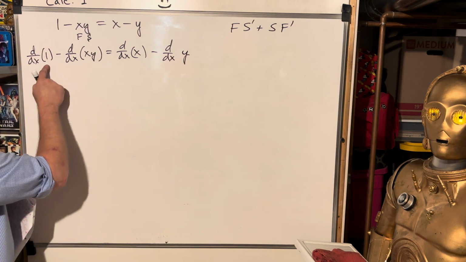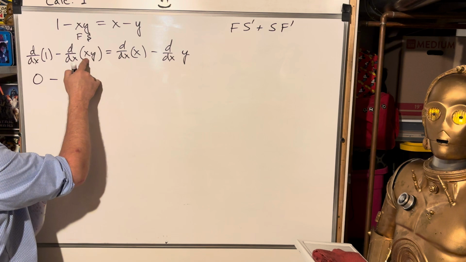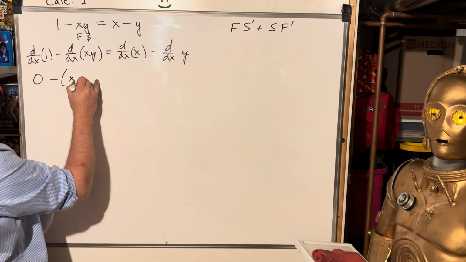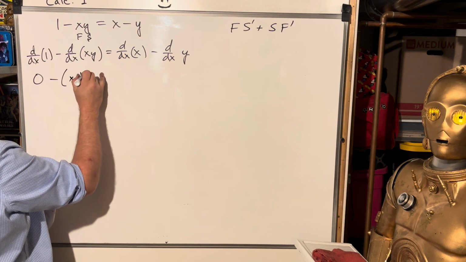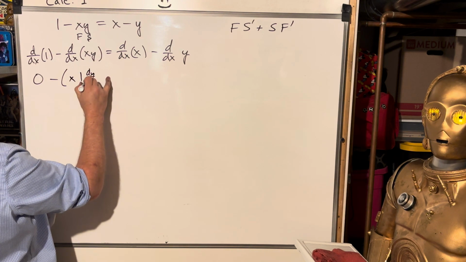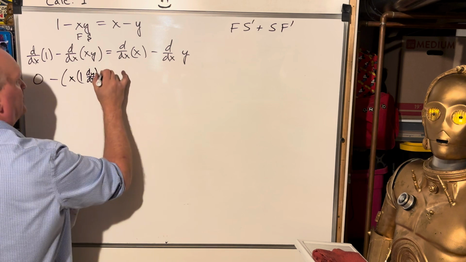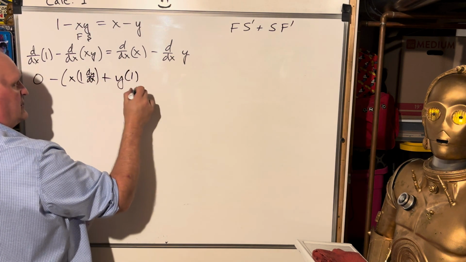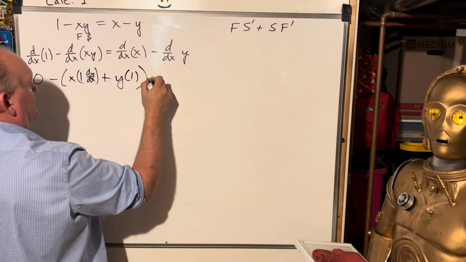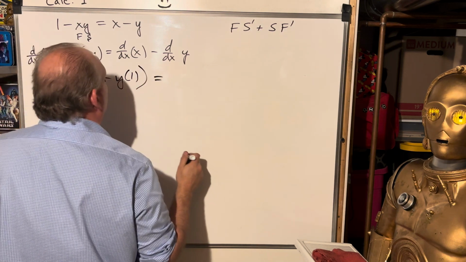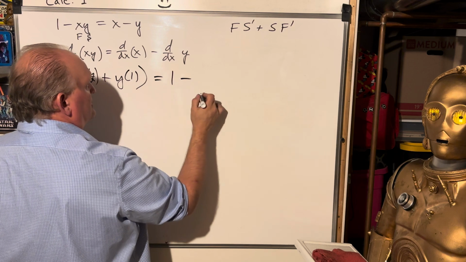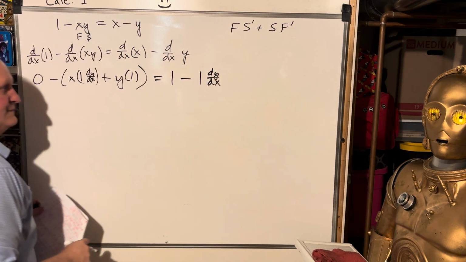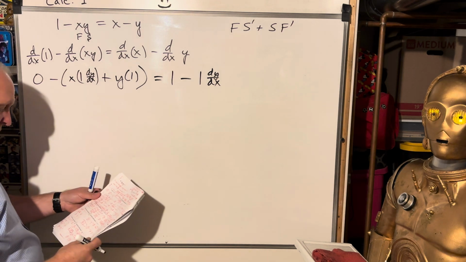All right, that's 0. That's the first times the derivative of the second, which is 1 times dy/dx, plus the second times the derivative of the first equals 1 minus 1 dy/dx. Okay, so lots of ones.